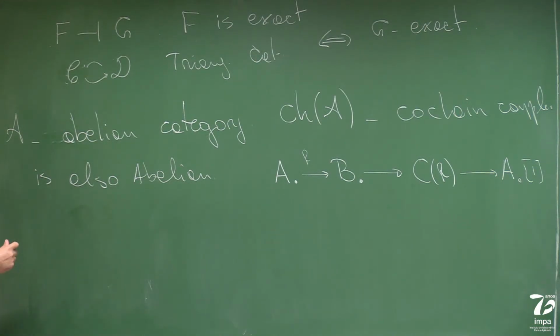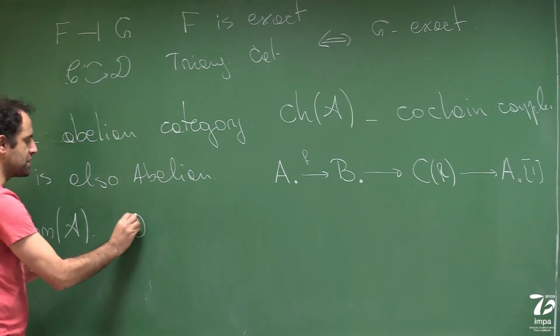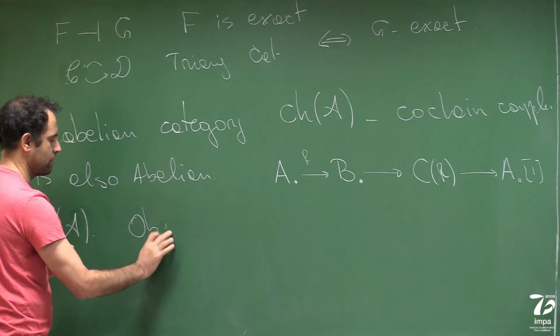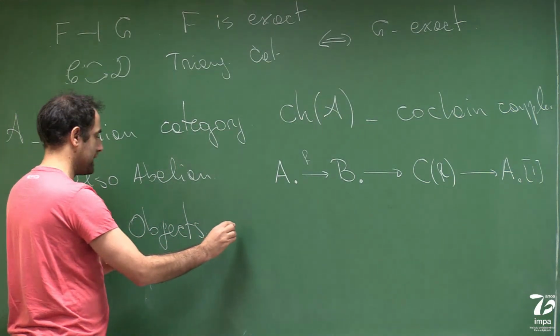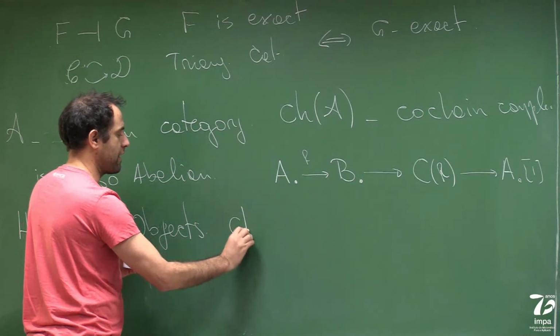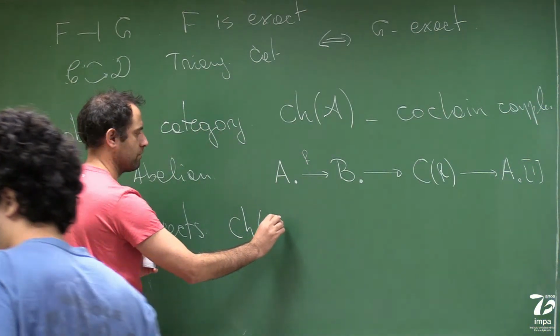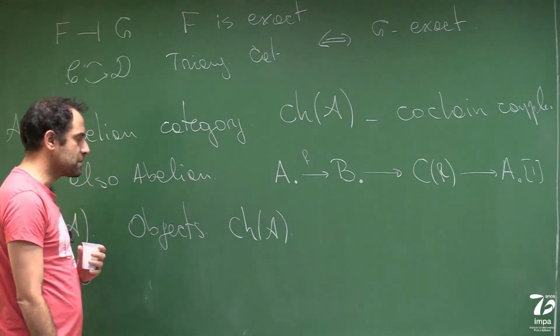But we constructed another category. Remember, we had this category which was the homotopy category of A. And this category had as objects the same objects as chain complexes of A, but morphisms were different.